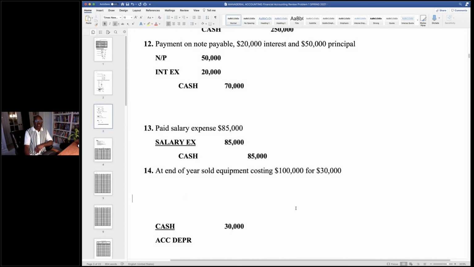Okay, we need to determine how much depreciation we have on the 100,000. We're at cost, $100,000.